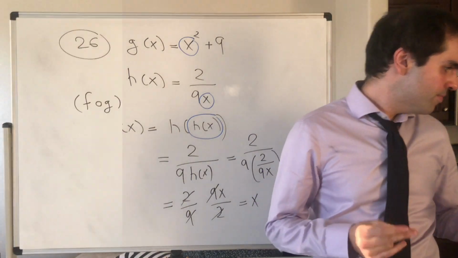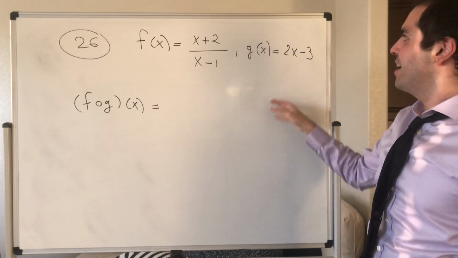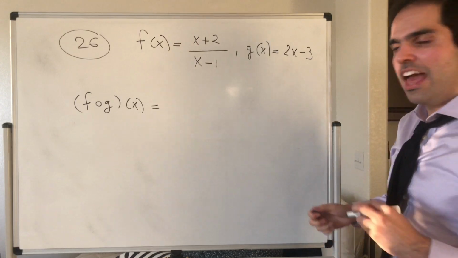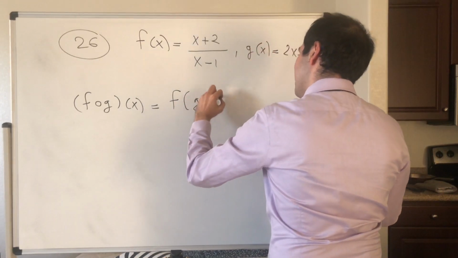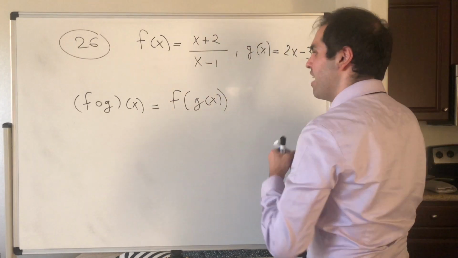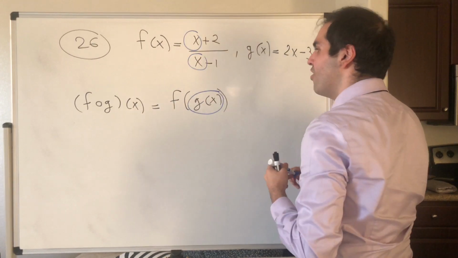All right. Another question. Suppose f is x plus 2 over x minus 1, and g is 2x plus 3. Let's first find f of g of x. And again, all that this means is take the definition of f and replace x by g of x.